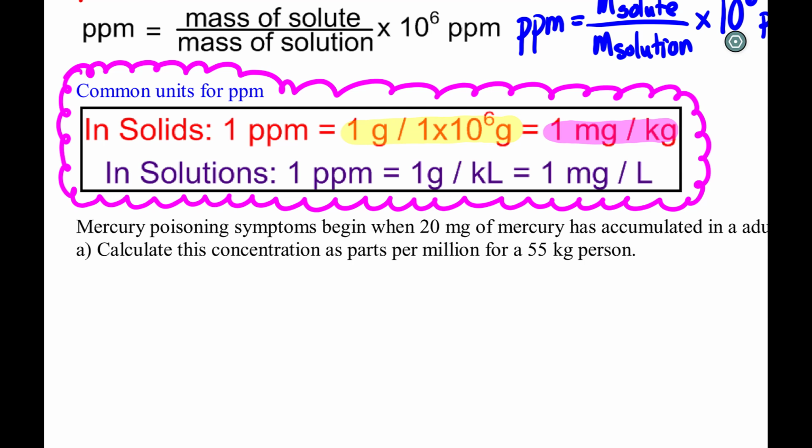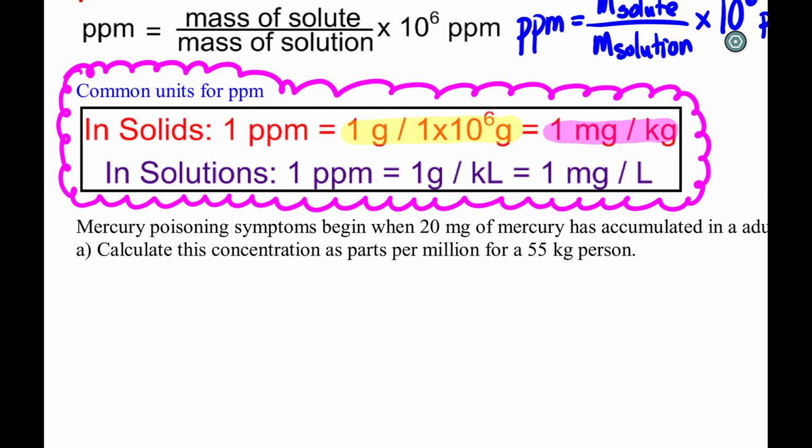So I don't have to then multiply by 1 million if I divide milligrams by kilograms, because the difference in their unit is 1 million. So the question we're going to do, I'm going to do it both ways. I'm going to convert to 1 unit, and then I'm going to show you how to use the shortcut. So that would be generally when we're dealing with solids. In solutions, you can use the following.